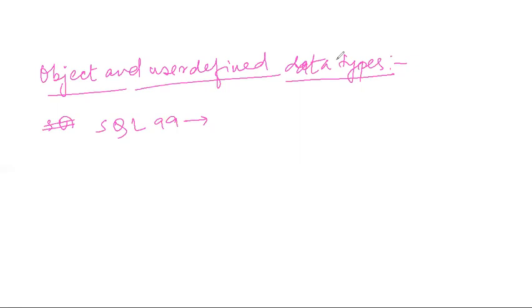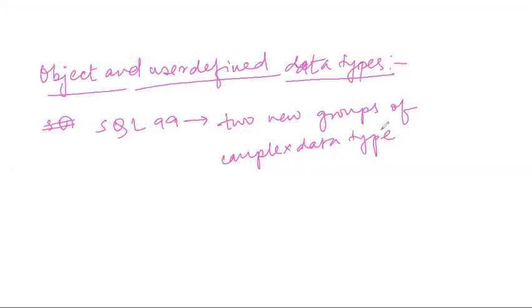So what happened in SQL 99? SQL 99 defined two new groups of complex data types. One is the abstract data type, ADT, and another is collections.